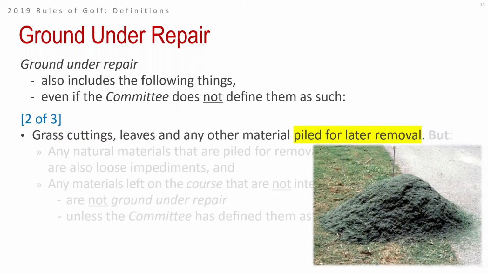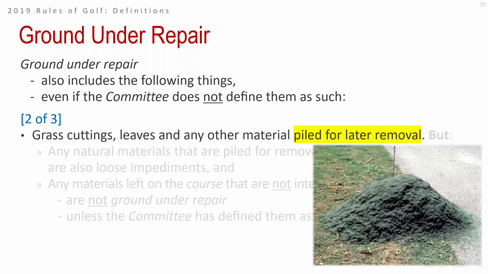Grass cuttings, leaves, and any other material piled for later removal meets the definition of ground under repair here. I think one of the first examples when I was taught the rules was that if you find this at Augusta National, it's not piled for later removal. That was there, it was set there.